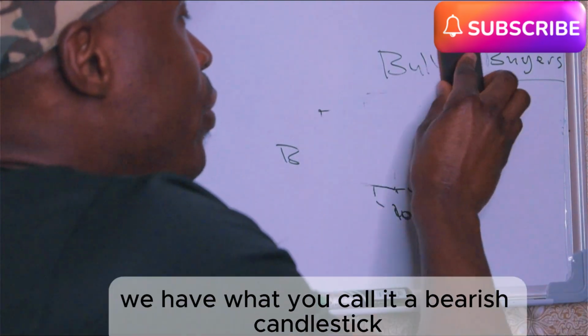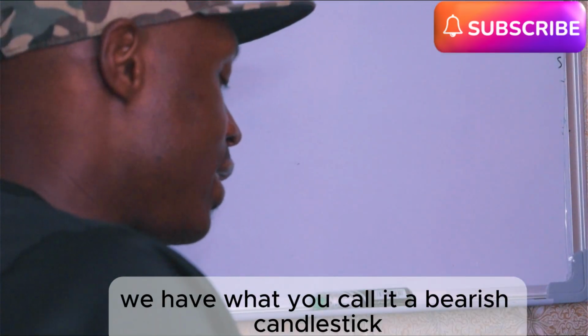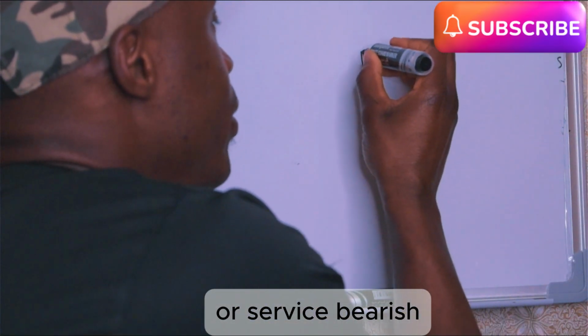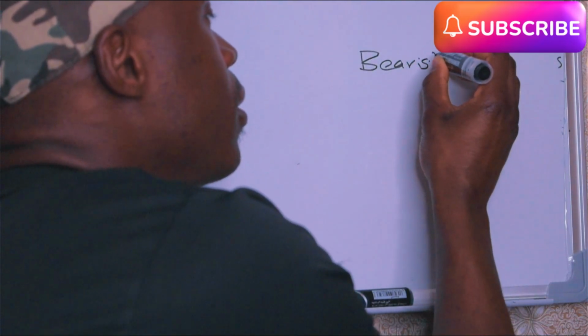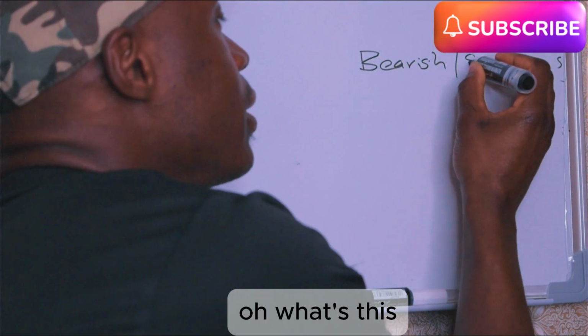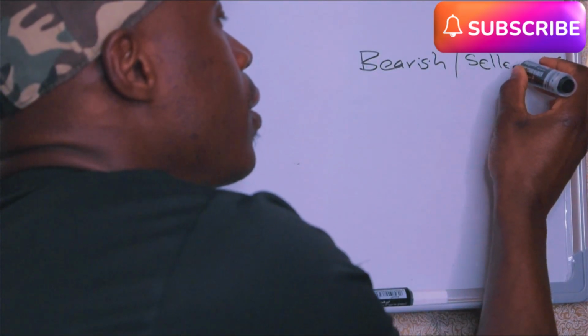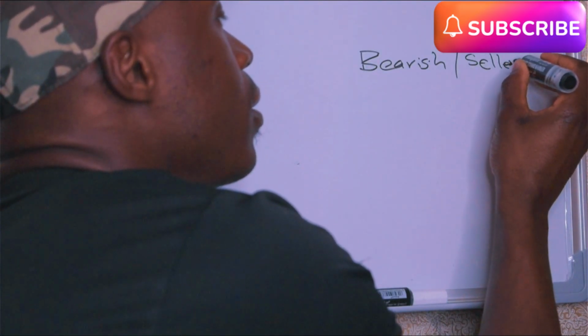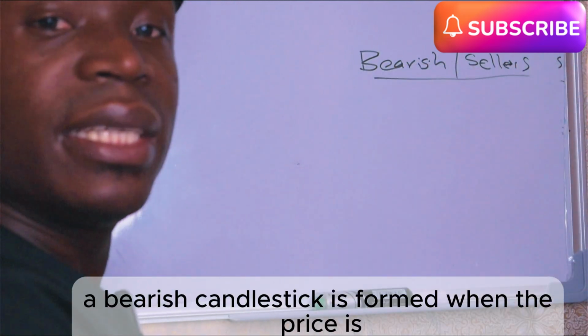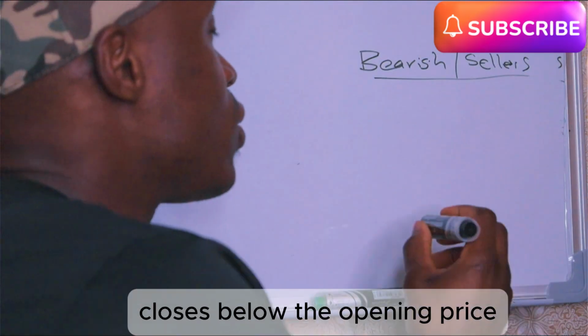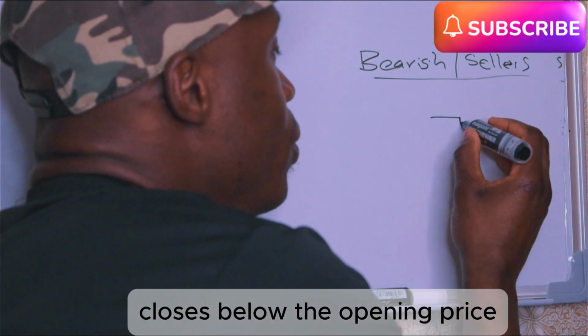Then the second one, we have what we call a bearish candlestick, or sellers. Bearish, or what? Sellers. A bearish candlestick is formed when the price closes below the opening price.